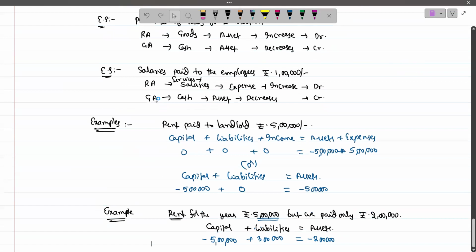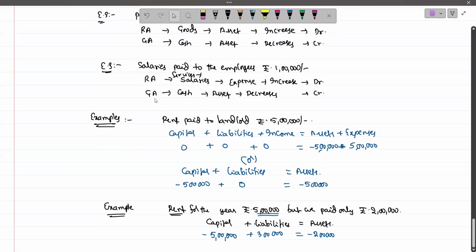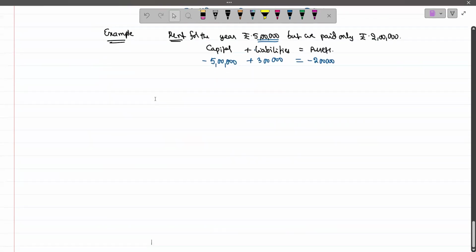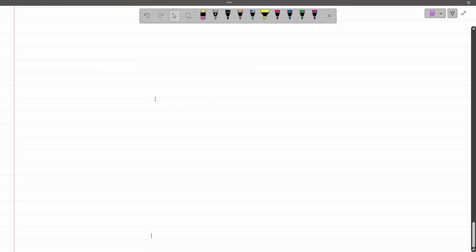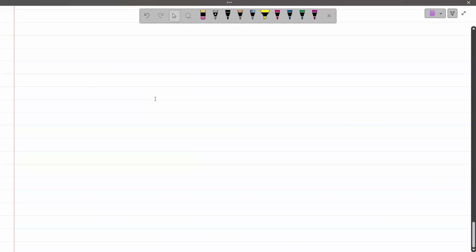And already we discussed how to analyze the transactions. In this session also, I will tell you how to analyze the transaction and at the same time how to frame the accounting equation for the given transaction.